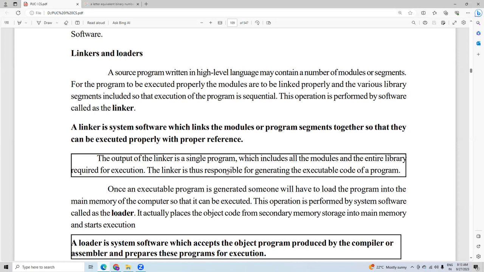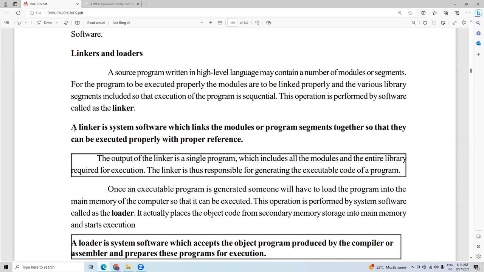When the sports period is there, the sports teacher will come into action for conducting sports. When students go to the library, the library person should give all the textbooks, taking and giving should happen. That means all these units are linked with each other. When their turn comes, automatically they start doing their operation. Like that in the computer also, this kind of coordination is required, linking is required, and it's done by the linker.